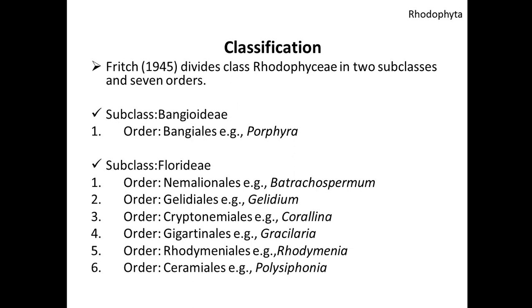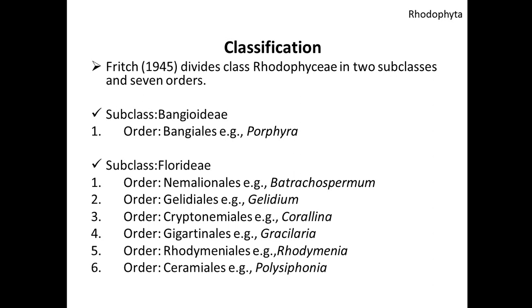The orders Bangiales and Nemalionales have a haplobiontic life cycle. That is a life cycle in which the diploid phase is followed by two dissimilar haploid generations. For example, the haploid gametophyte plant produces the zygote during sexual fusion. The zygote undergoes meiosis and produces the haploid carposporophyte, which is parasitic on the gametophyte.